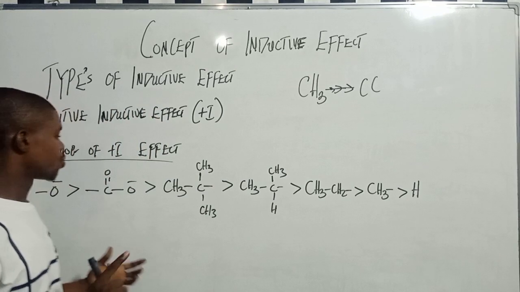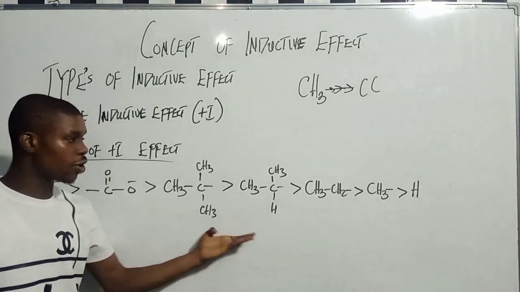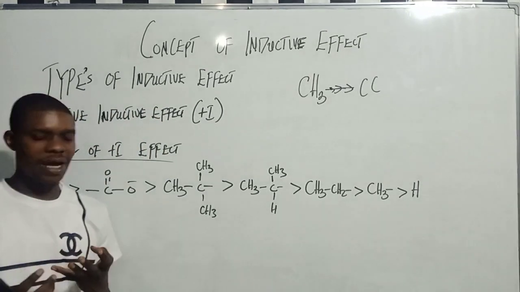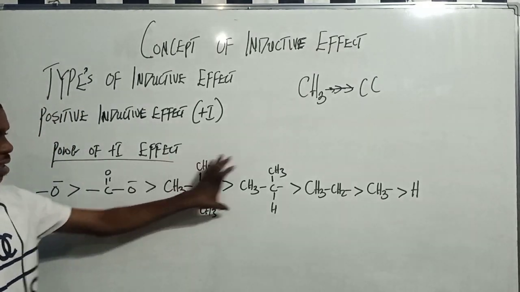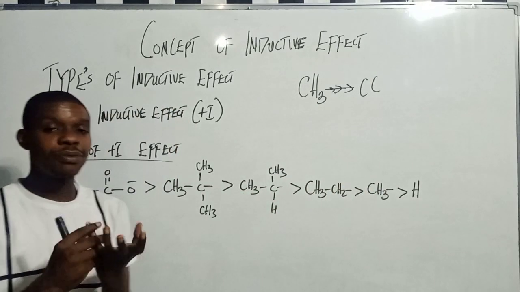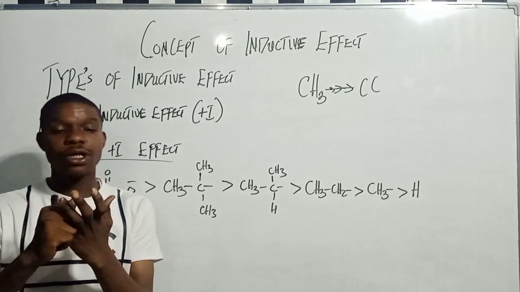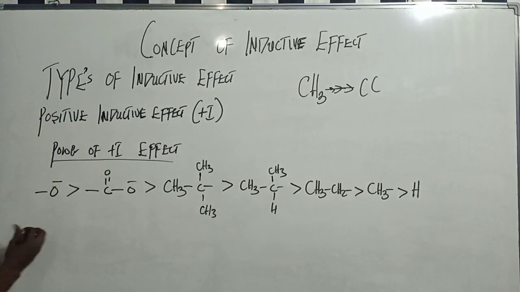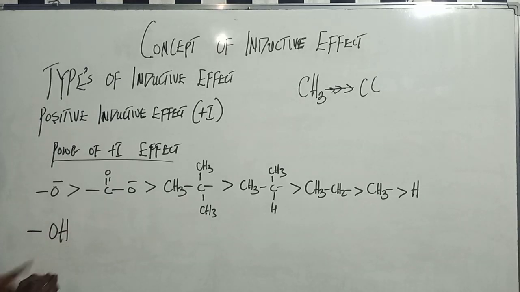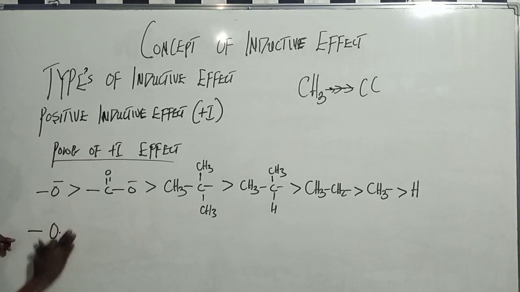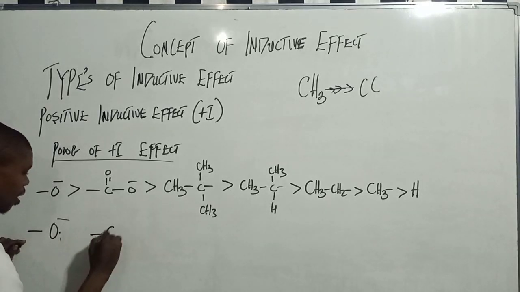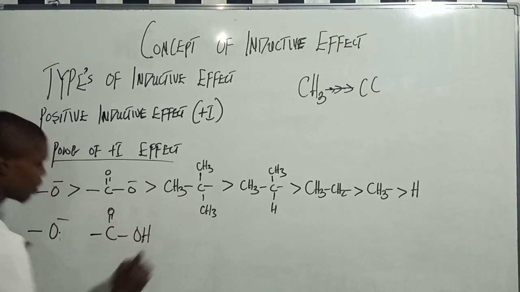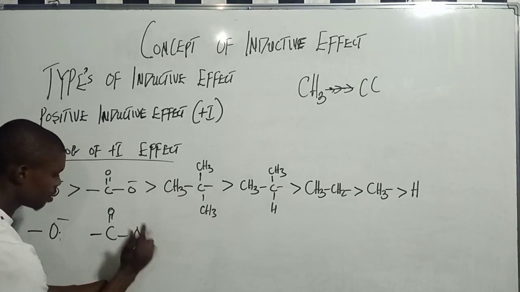Do you understand? So these are various positive inductive effects we have. The common one I want to show: it means that the more the alkyl group, the higher the plus I effect. Here we have this one, which is just like OH. Now this O here, I've lost hydrogen here. Then this one, I've lost hydrogen from this other one.